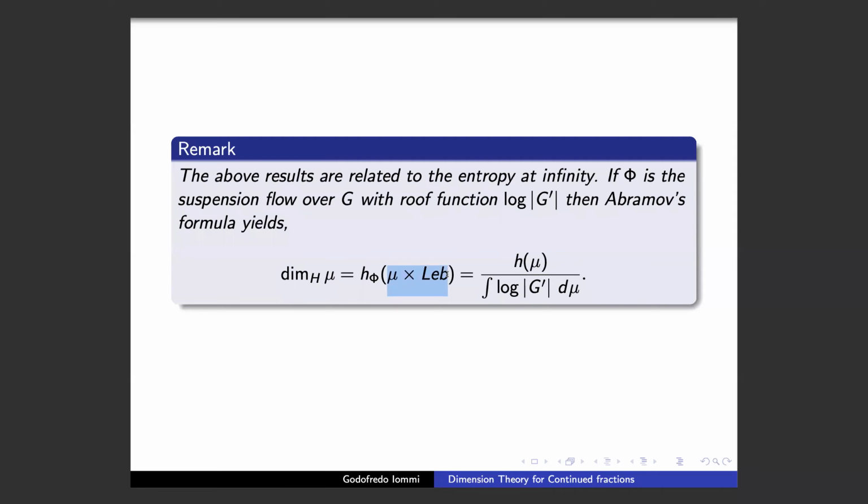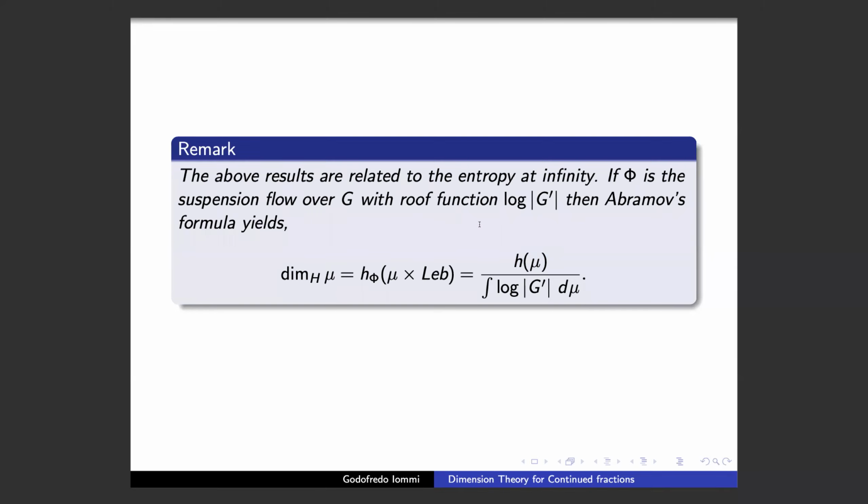And then you normalize so that it has total mass 1. So Abramov's formula tells you that the entropy of that invariant measure for the flow is equal to the entropy of the original measure, h of mu, where mu is the invariant measure for the Gauss map, over the integral of the roof function, in this case the integral of the log of the derivative. But that quotient is nothing but the Hausdorff dimension of the original measure.